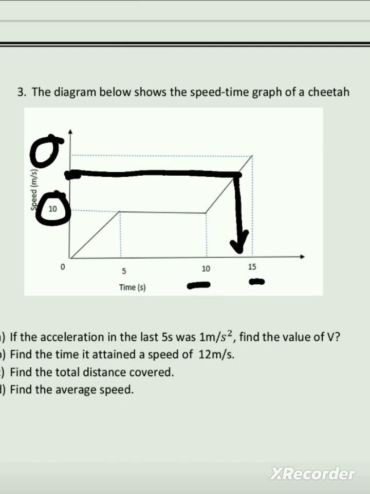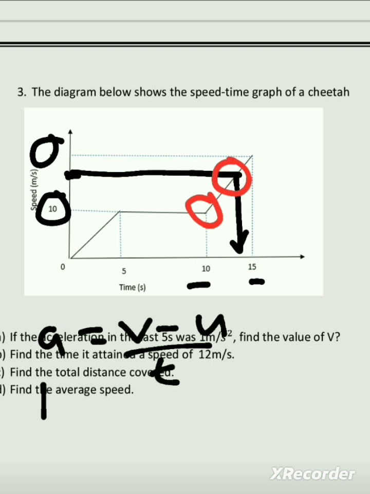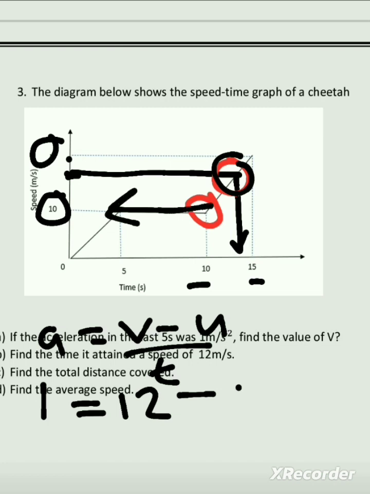We use the same principle of acceleration. We try to find the acceleration from here to here. We know the acceleration because the acceleration is the same here, so the acceleration is 1. Acceleration is equal to v minus u over t. The final velocity at this point is 12 meters per second, so it's 12 minus the initial velocity, which here is 10, over time.